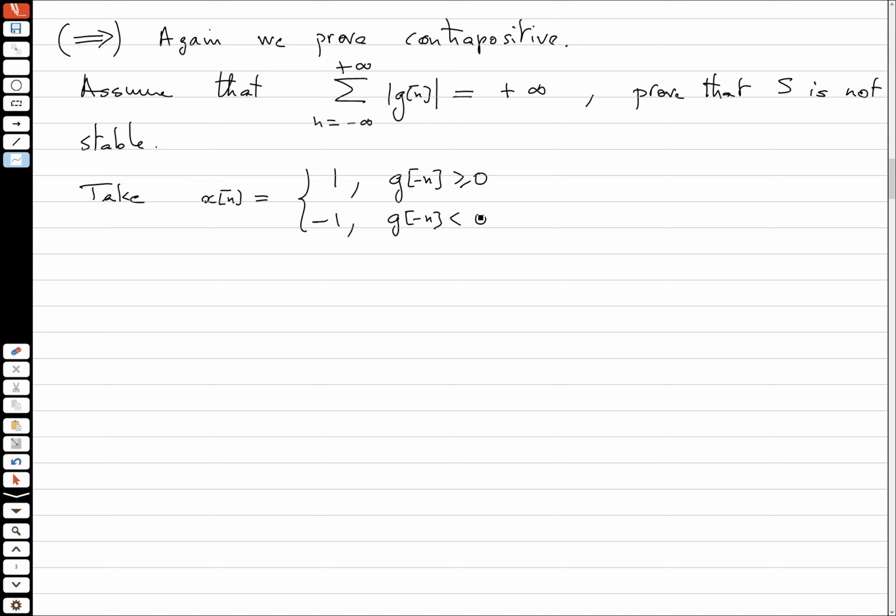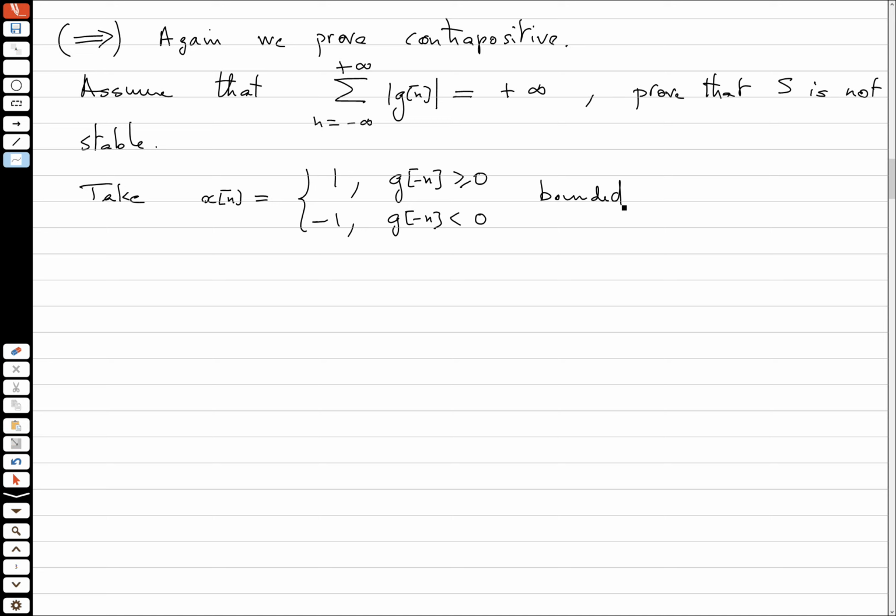Is this a well-defined sequence? Yes, it's well-defined. I'm not telling you why I take it this way, but it is well-defined. Is it bounded? Absolutely. So far, no problem.